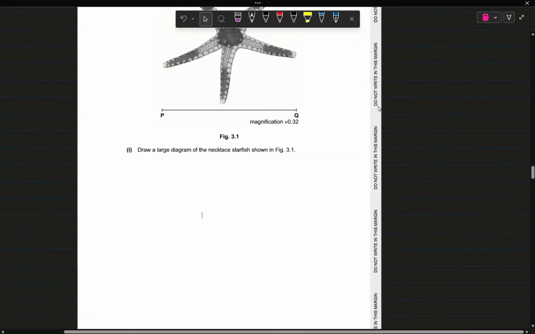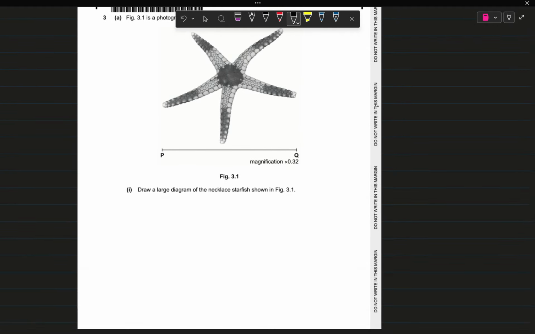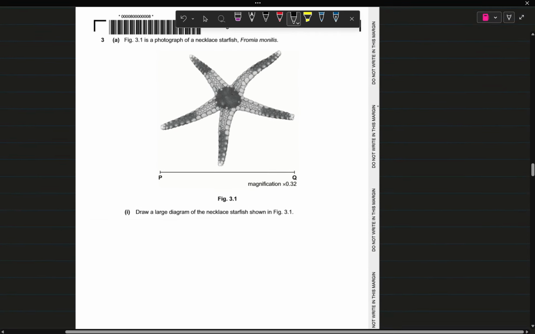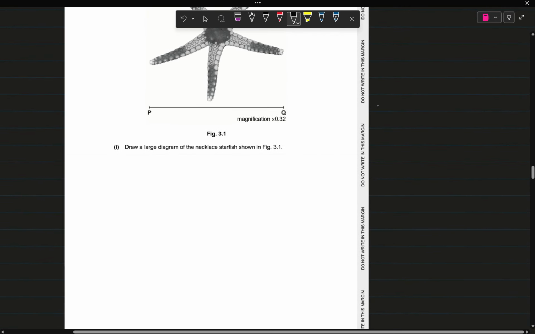Now, any drawing that you do here should be bigger than the figure. So from P to Q, you ensure that your drawing is greater and bigger than this. That's your aim. Also, whatever outline you have should be constant and smooth.